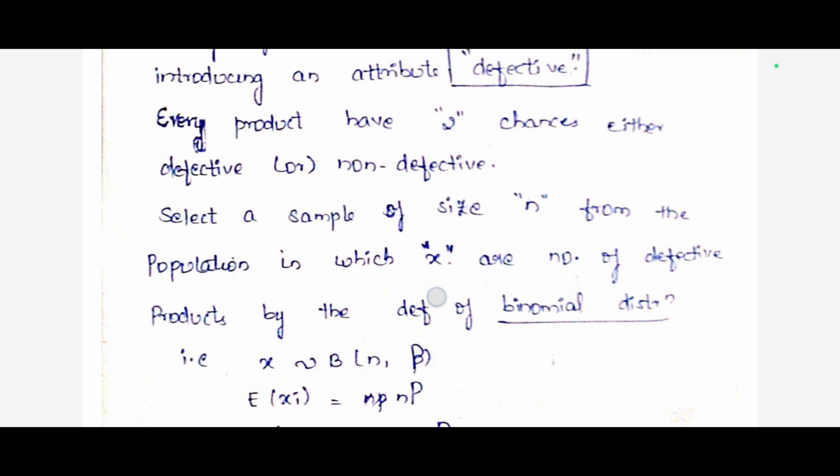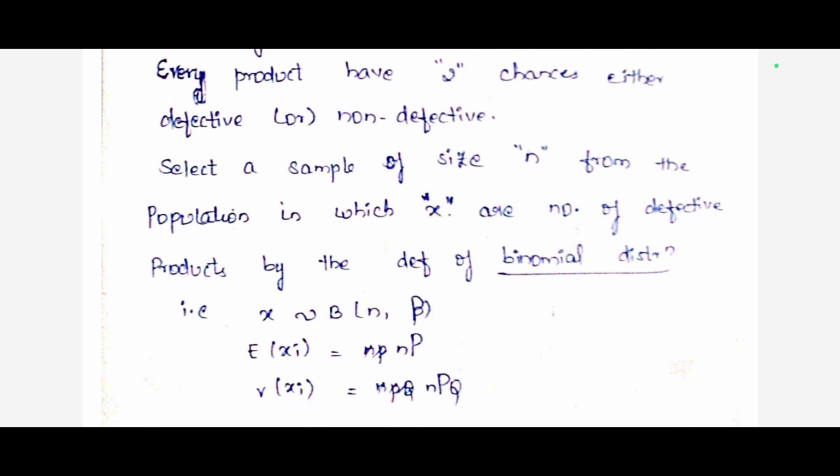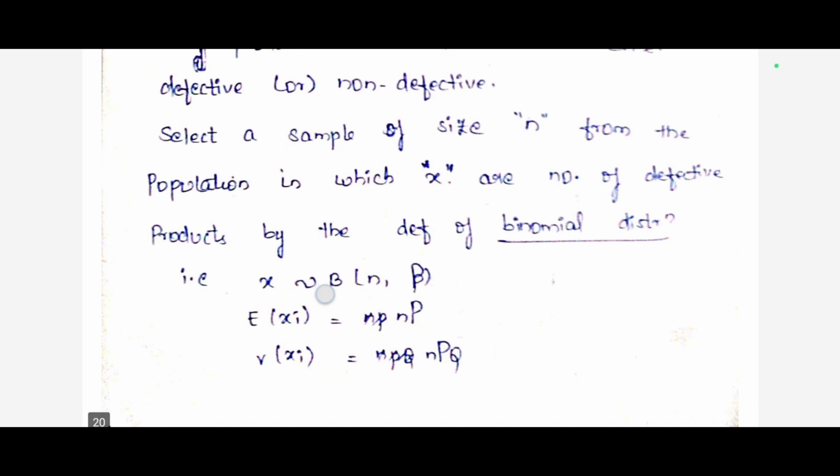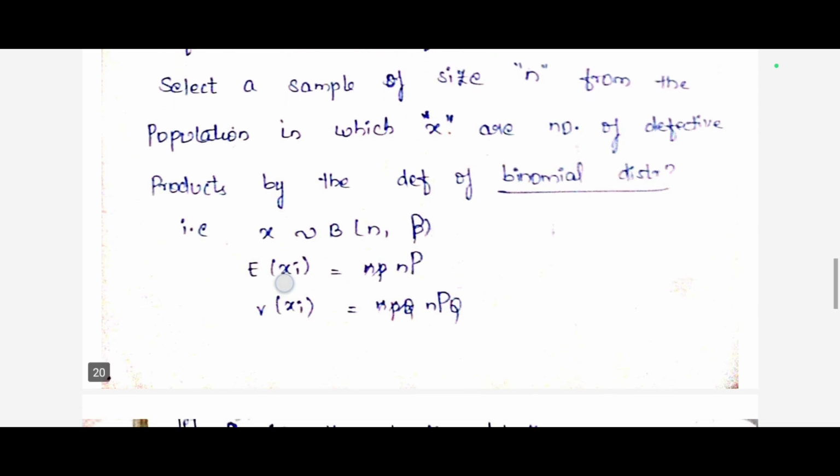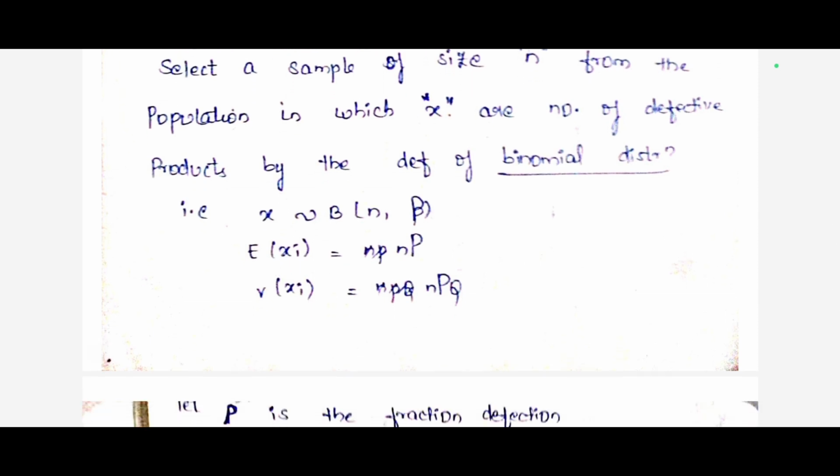Next, select a sample of size n from the population in which x is the number of defective products. By the definition of the binomial distribution, x follows the binomial distribution with parameters n and capital P. The variance of x is nPQ.